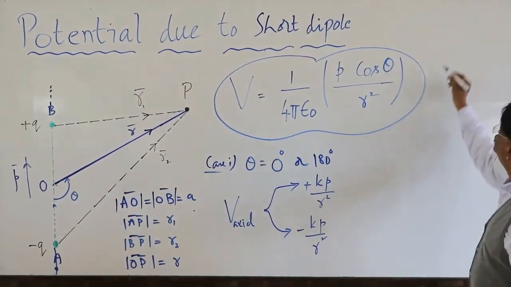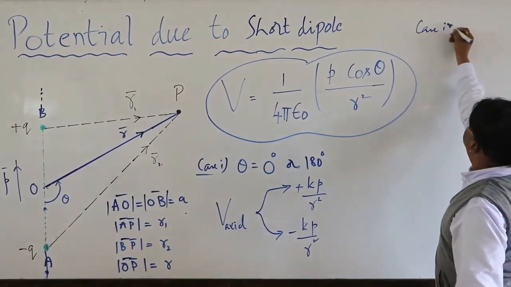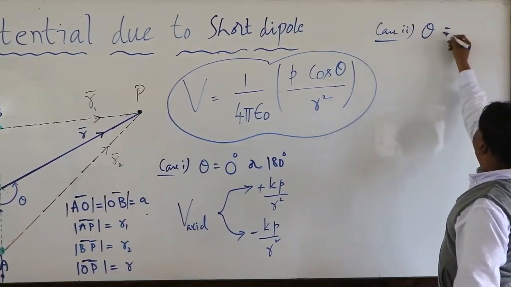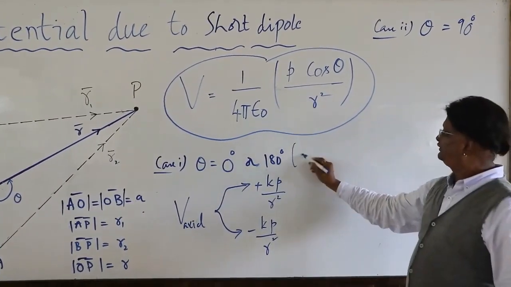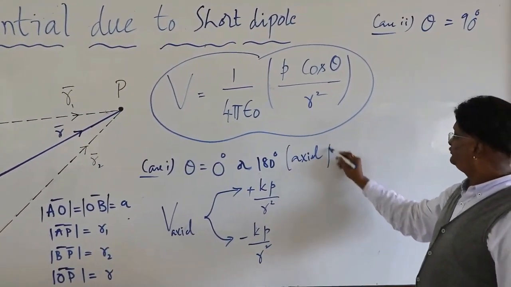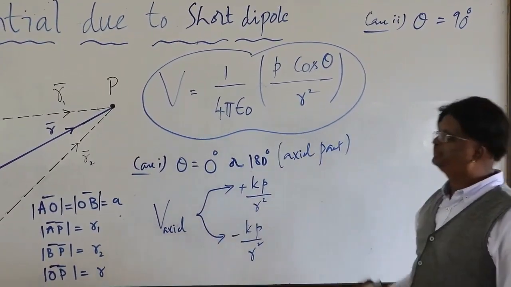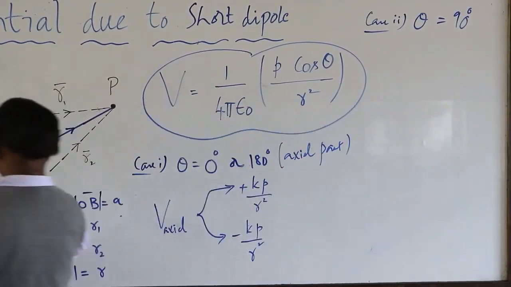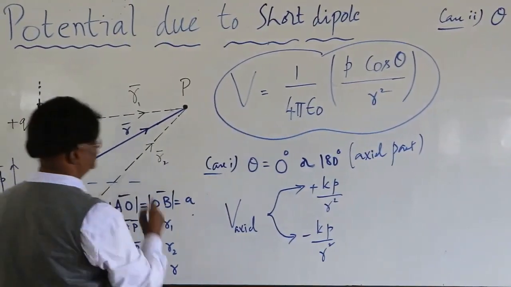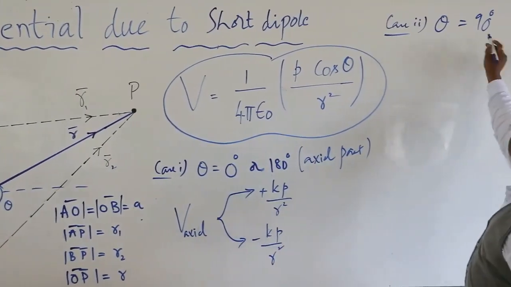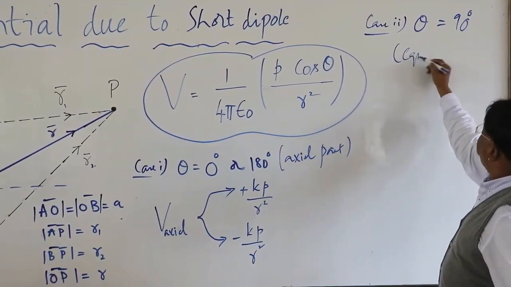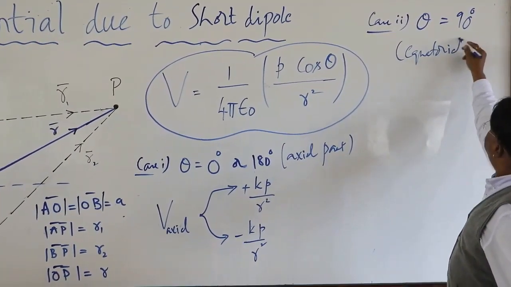And case 2, see here. What is case 2? Theta is 90 degrees. Earlier we took this geometry, and 90 degrees means the terminology is equatorial line. Therefore, theta equal to 90 gives an equatorial point.